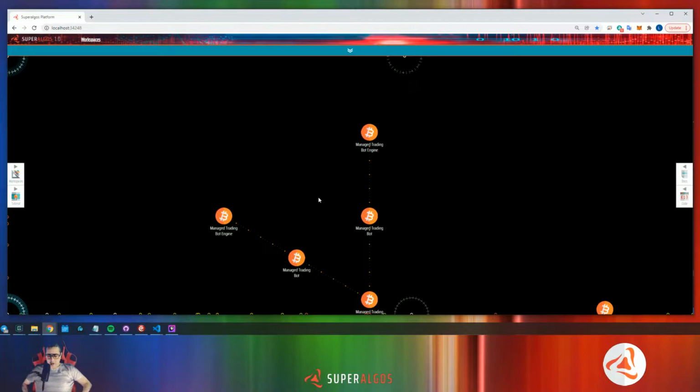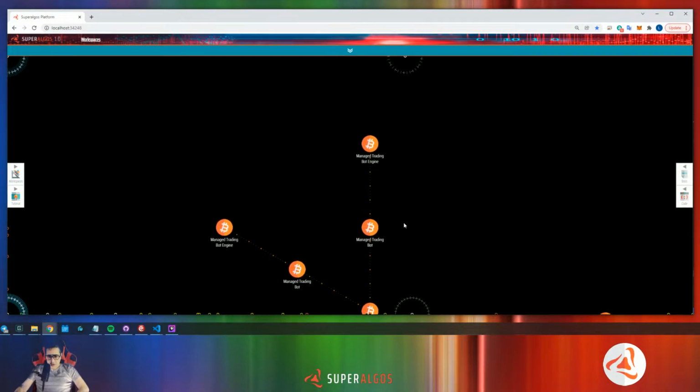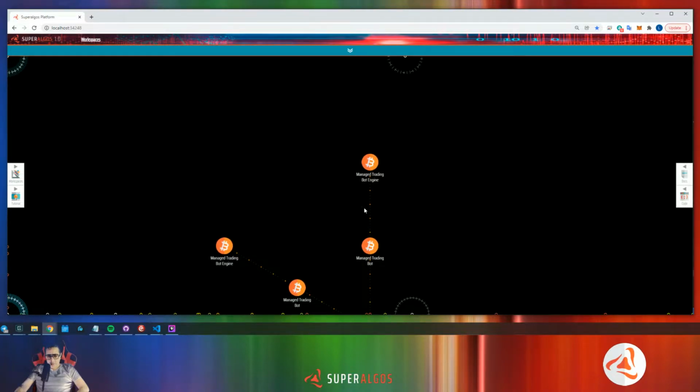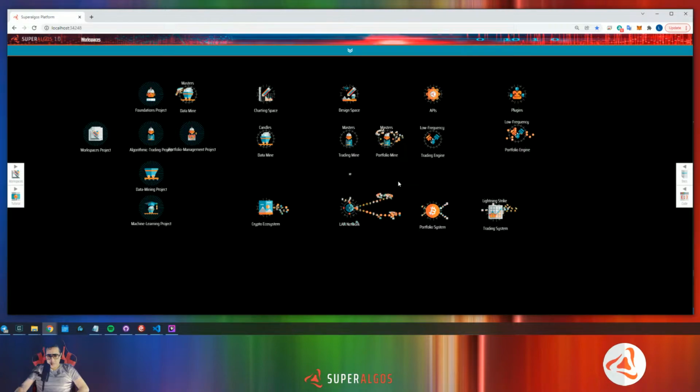I don't know if this node is necessary, or probably I will hook it up from here. That a managed trading bot has a trading engine directly.